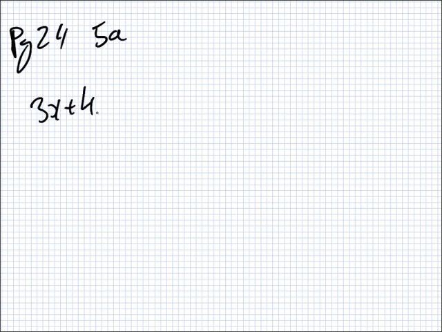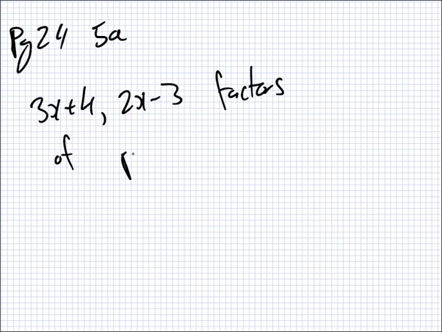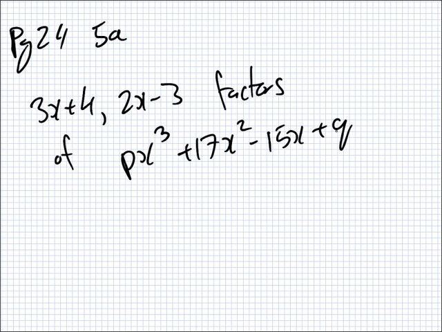So on page 24, 5a: 3x plus 4 and 2x minus 3 are factors of bx cubed plus 7x squared minus 15x plus q. So what's the remainder if they're factors?